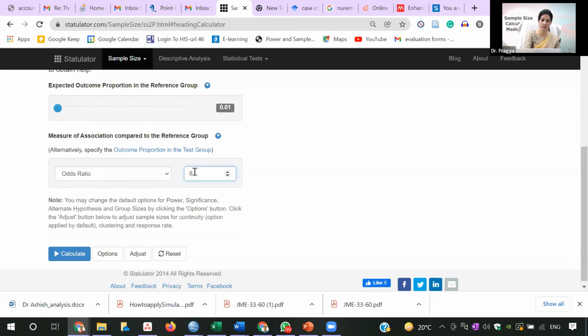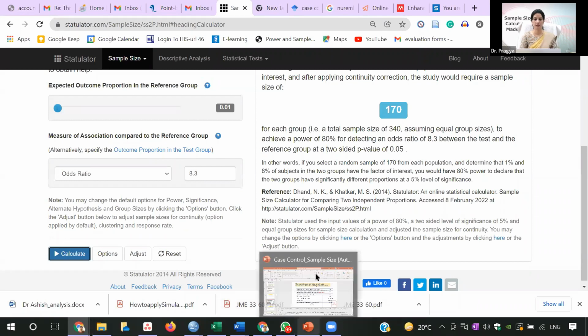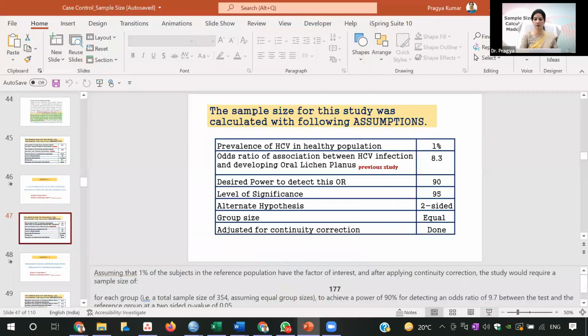So I'll type 8.3 here and calculate. The required sample size is 170. So we have taken 170 cases and an equal number of controls. This will be the required sample size for this calculation if we are using this odds ratio.